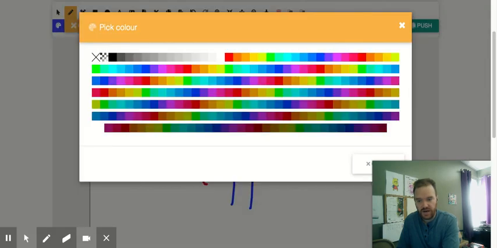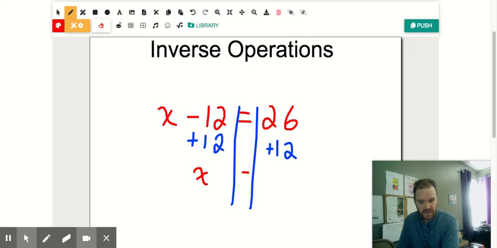When I add 12 over there, I see that x will equal 38. 6 plus 2 is 8. 2 plus 1 is 3. x equals 38. So that's how we work it with subtraction.